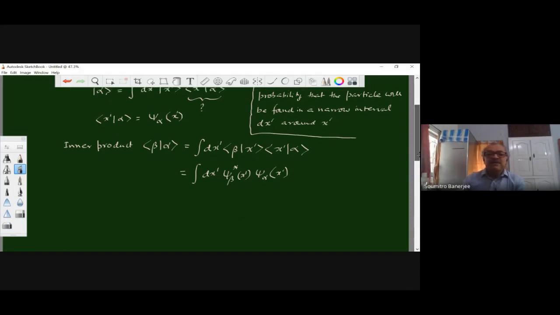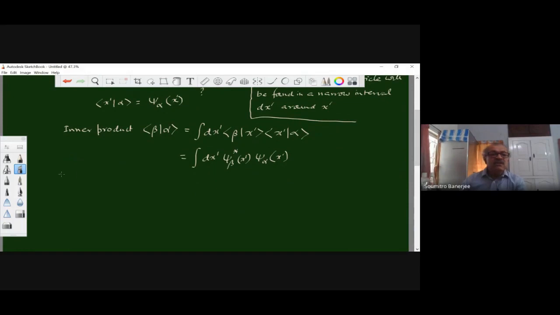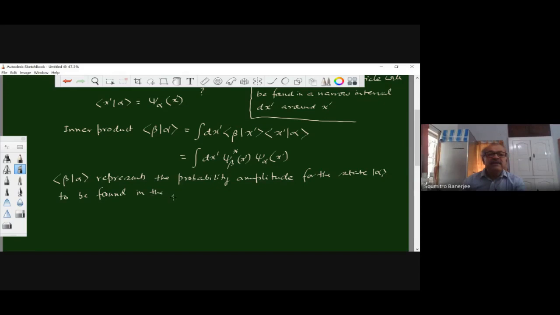What does it physically mean? What it physically means is that this one, beta alpha, represents the probability amplitude for the state alpha to be found in the state beta.